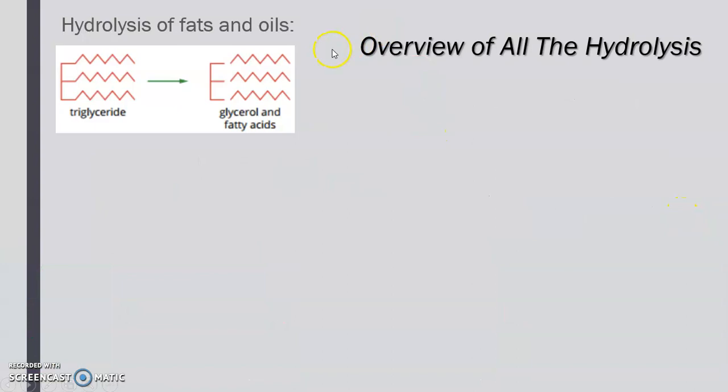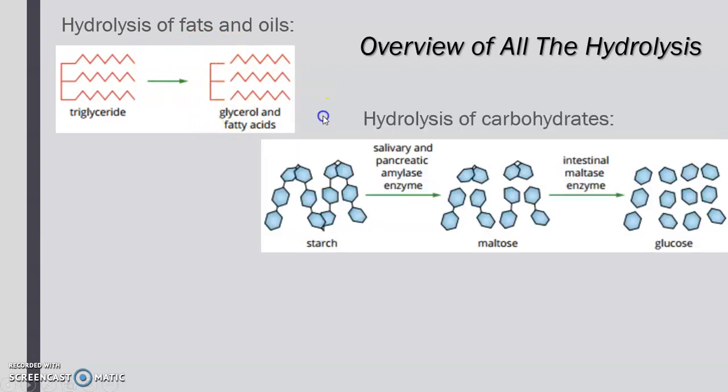Right. Let's have a look at the overview of the three hydrolysis processes that we need to know. First of all, hydrolysis of fat and oils. Fat and oils are the same kind of molecule. They're called triglyceride. Through a hydrolytic reaction, you need an enzyme in the middle. It will break down the molecule, adding the water molecule back to form glycerol and fatty acids. Okay.